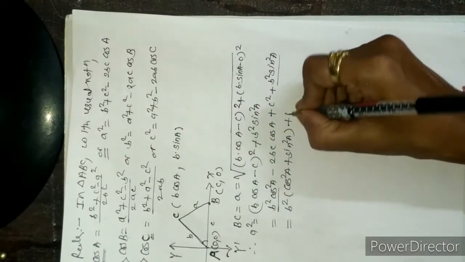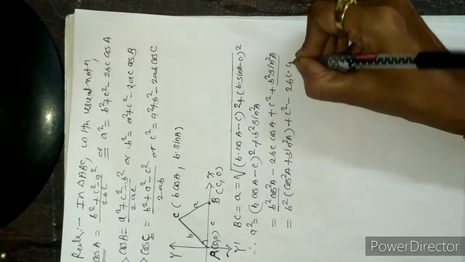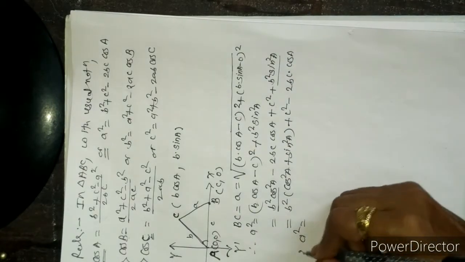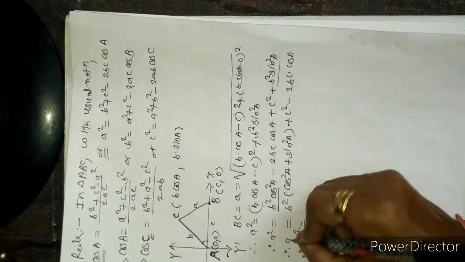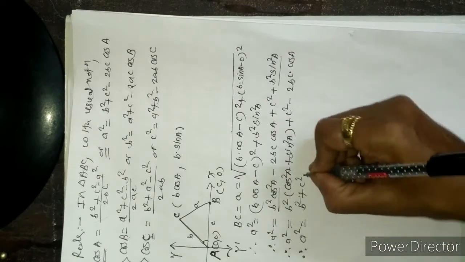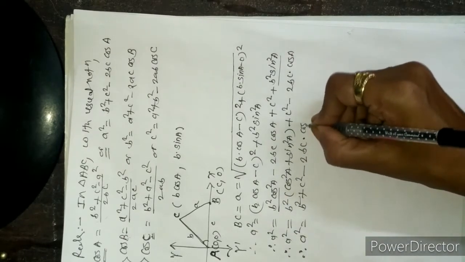Next, the second term is C square, and the last term is minus 2 times BC into cos A. So after simplification, we get the value of A square as B square into 1, that is B square plus C square minus 2BC cos A.